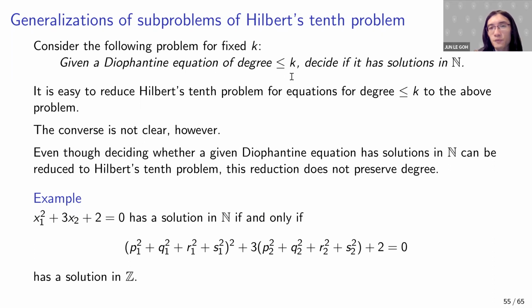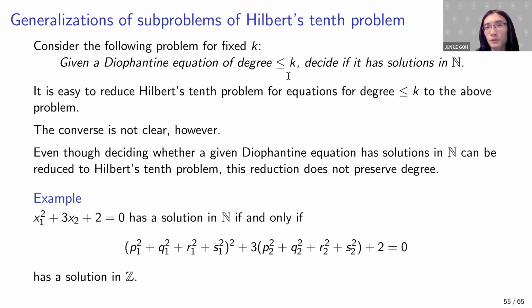Because if k is at least 4, then this problem is at least as complicated as Hilbert's 10 problem for degree less than or equal to 4. And as we just discussed a few slides ago, Hilbert's 10 problem for equations of degree less than or equal to 4 is as complicated as the original Hilbert's 10 problem, which we know is equivalent to the halting problem and is maximally complicated. So for degree less than or equal to 4, this is exactly as complicated as the halting problem.